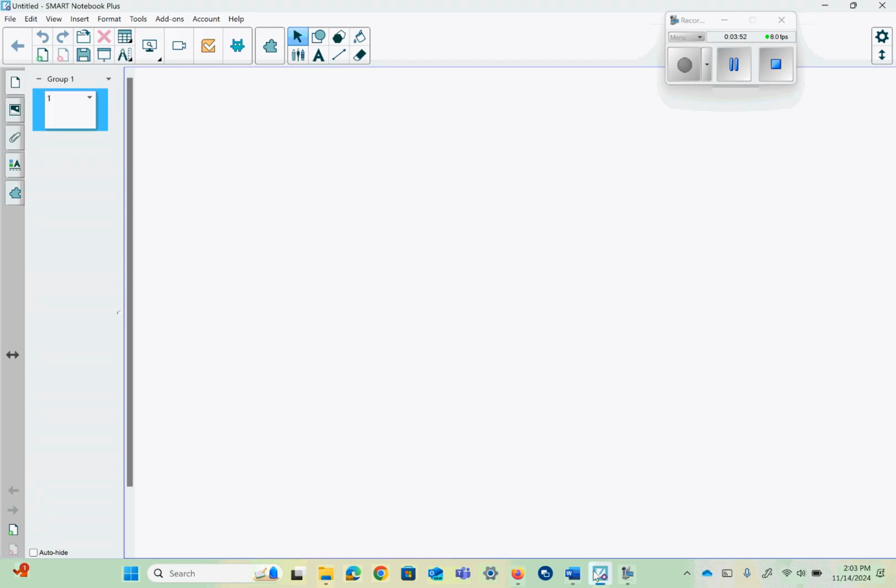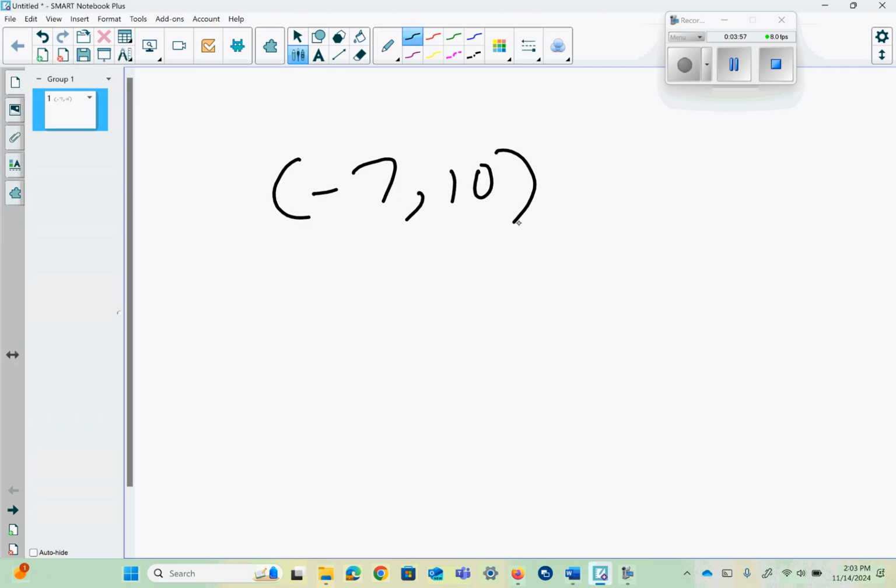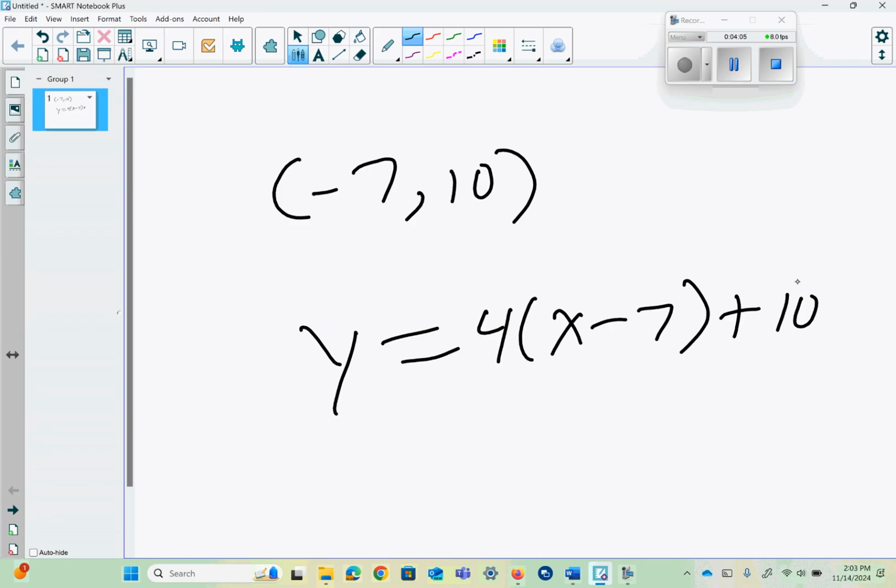So we have this point, -7, 10, and we have this equation, y equals 4 parentheses x minus 7 plus 10. So a couple things. Okay, so let's take a look. I feel really comfortable that this 10 and this 10 are probably the same thing.